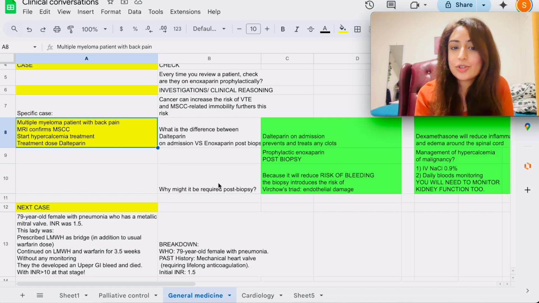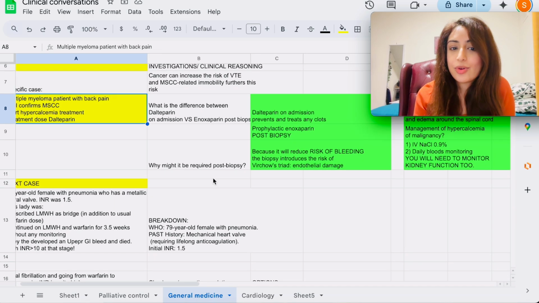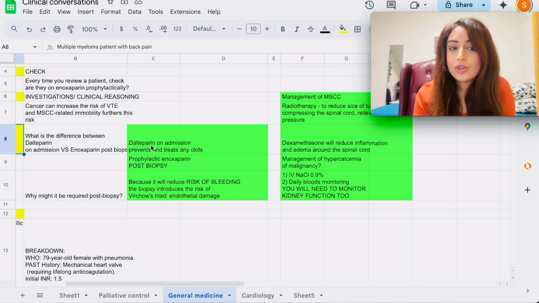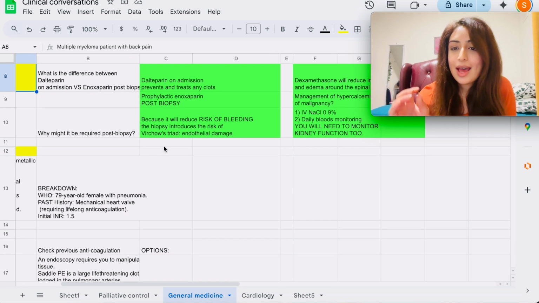Endothelial damage can be triggered by a liver biopsy. So you have a patient who had a liver biopsy. You can give prophylactic enoxaparin after the biopsy. Dalteparin on admission was given to prevent any clots from forming. After they have a liver biopsy, you are then going to give enoxaparin post liver biopsy.